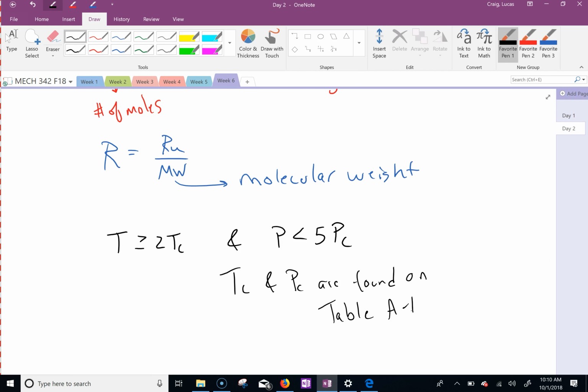It's just saying that it's a high temperature compared to your vapor dome, where the critical points are at the top, and your pressure just needs to be lower than that. And there's a couple homework problems that just use those equations. All right. So that's pretty straightforward for ideal.